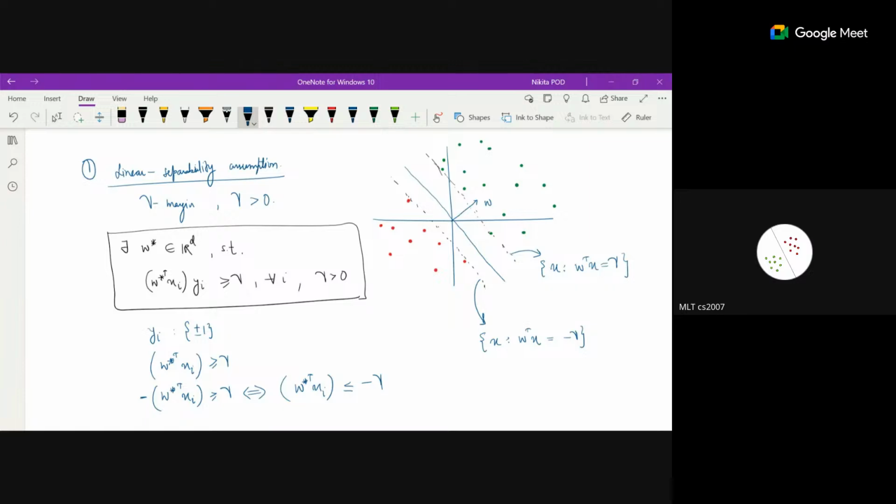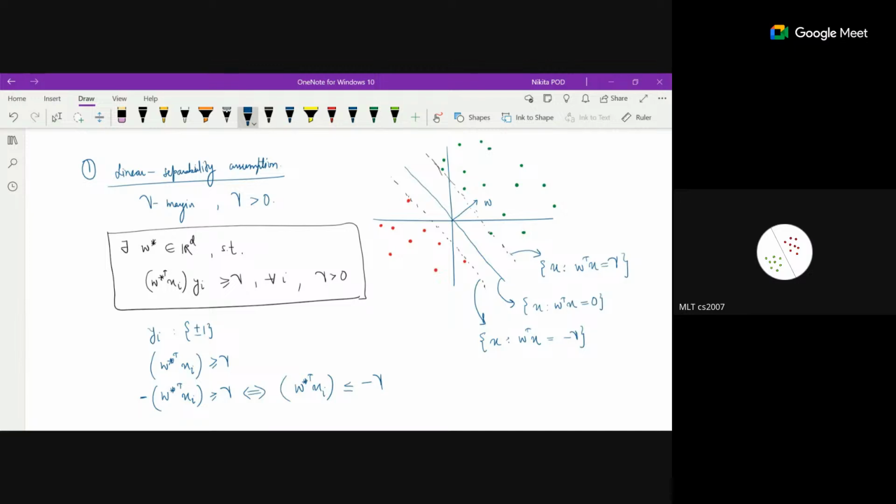Ma'am, the line passing through the origin is the main separator line, and the positive gamma line is greater than that line, right? This line is all x such that W transpose x is exactly zero.